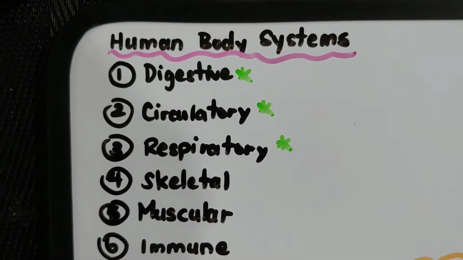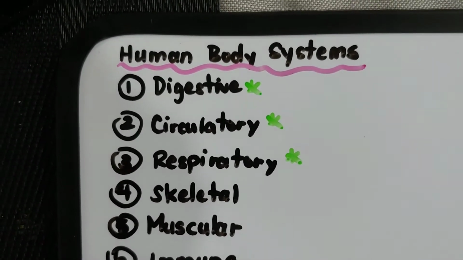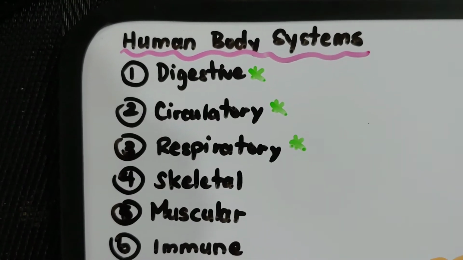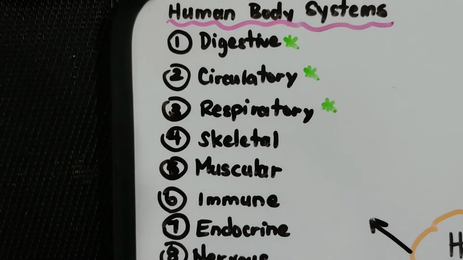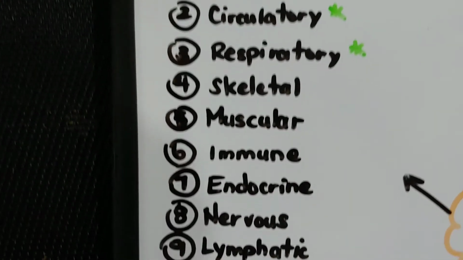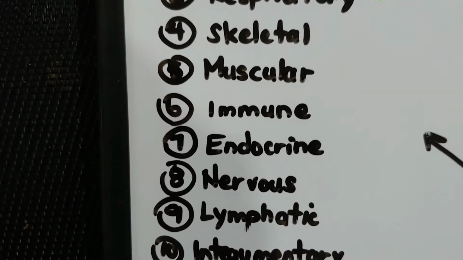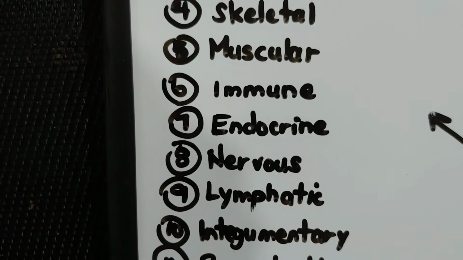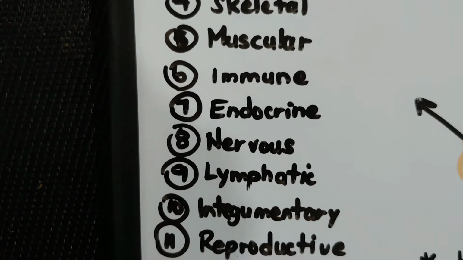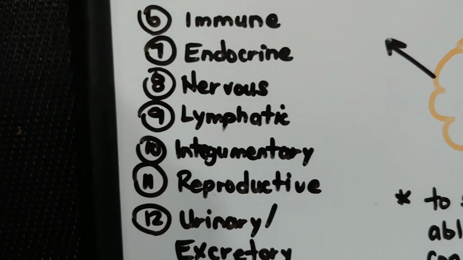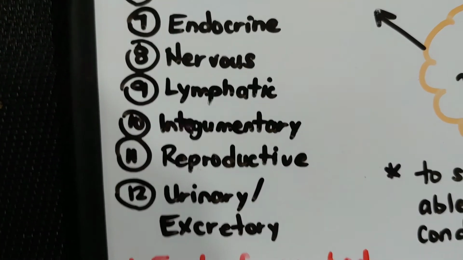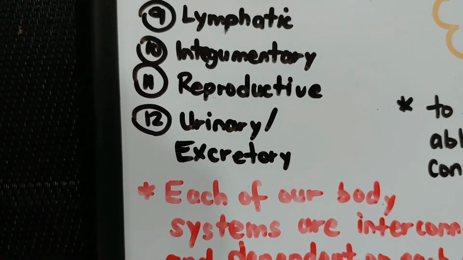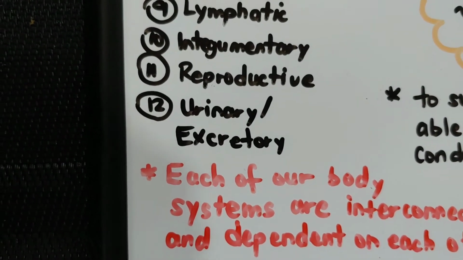But there are many other systems that work together to maintain this balance, right? So that we can live a healthy life, right? These include the skeletal and muscular system. We also have the immune system, and I just mentioned the endocrine and nervous systems working together. We also have something called the lymphatic system, the integumentary system, which includes our skin and hair, reproductive cycles, as well as urinary and excretory system.